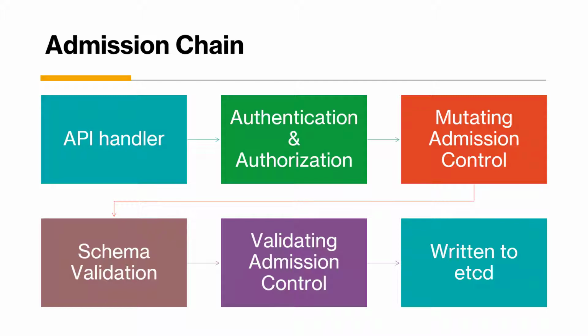For example, if you run a container as root, you might want to reject the creation of such pods. When the validating admission controller has decided that it's okay, then the request is written to etcd, whatever you want to call it, and then the Kubernetes controllers can use that information in etcd to make sure that the desired state matches the actual state on your cluster.